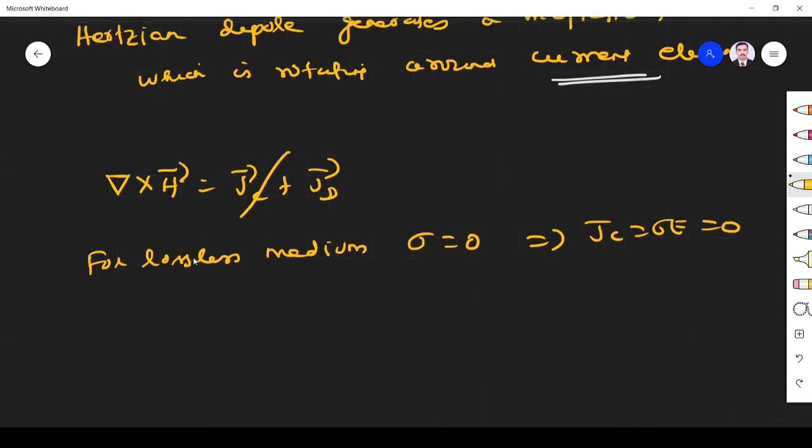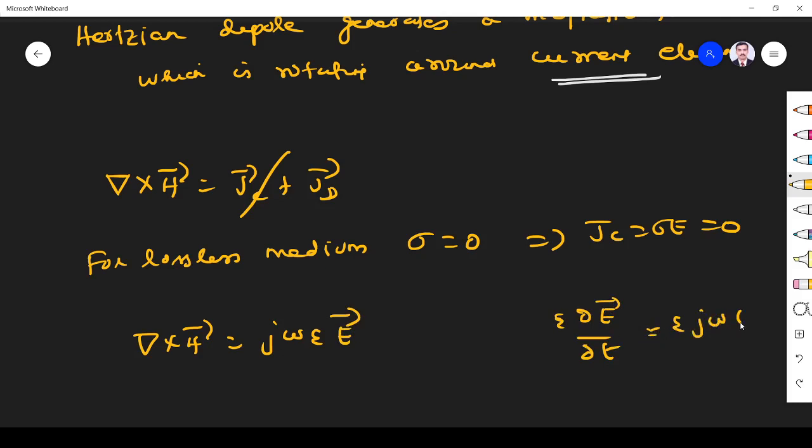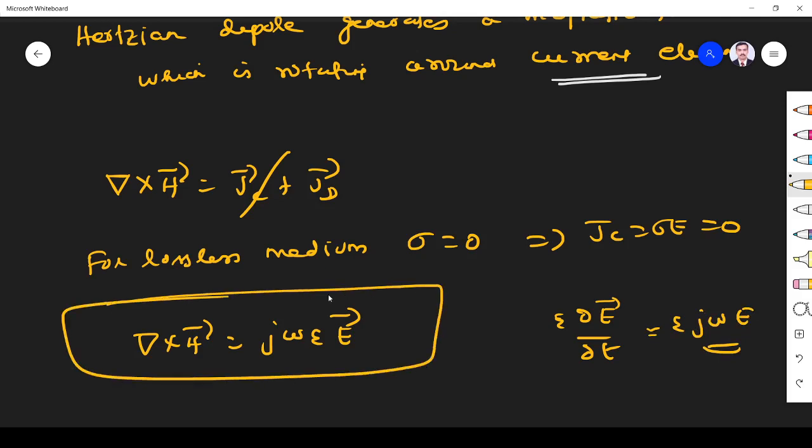So del cross H is equal to JD, which is dou D by dou t. In phasor form I can write it as j omega epsilon E, because D is equal to epsilon E, so dou by dou t becomes j omega. So del cross H is equal to j omega epsilon E. This is what our JD is.